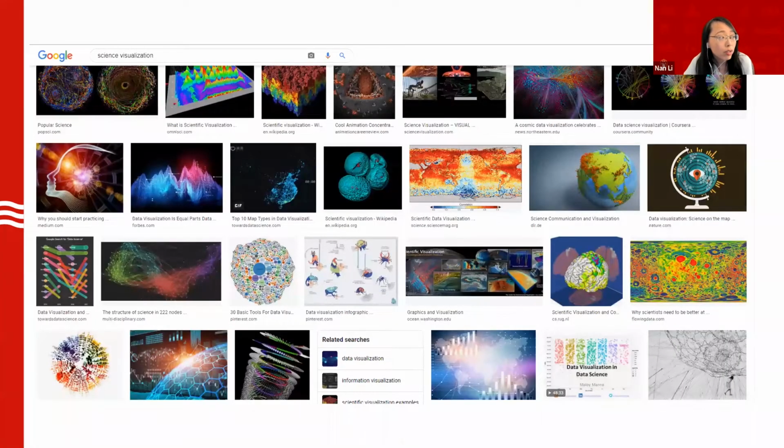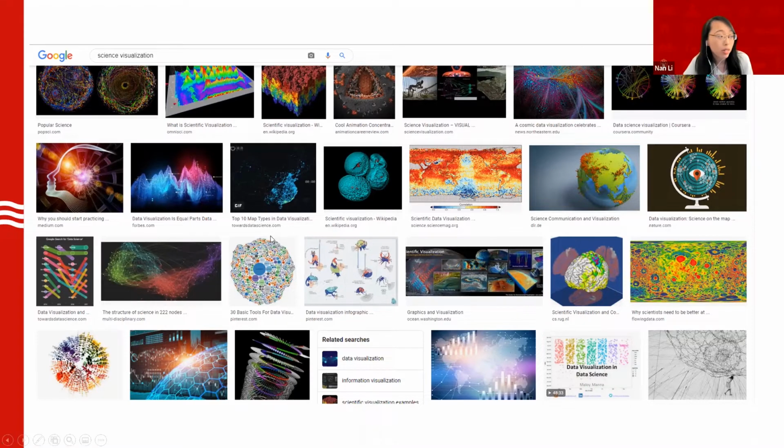First of all, thinking about science and the visualizations that have been used to communicate about science, there are many different things that can be called science visualizations. This is a screenshot of a Google search that I did last week. I put science visualizations here, and when I click on image, these are the things that pop up.